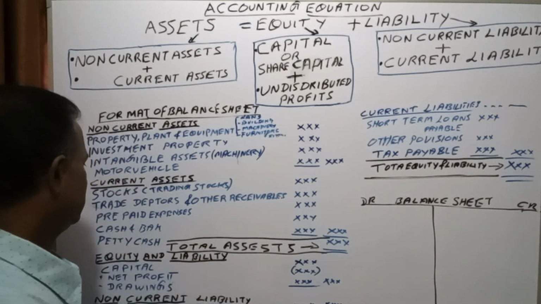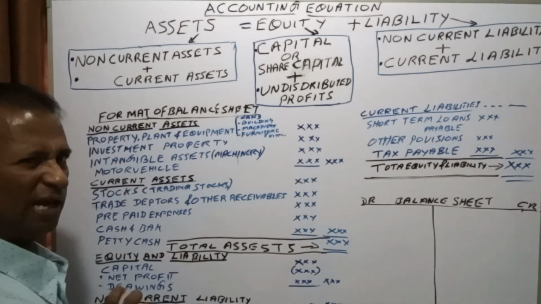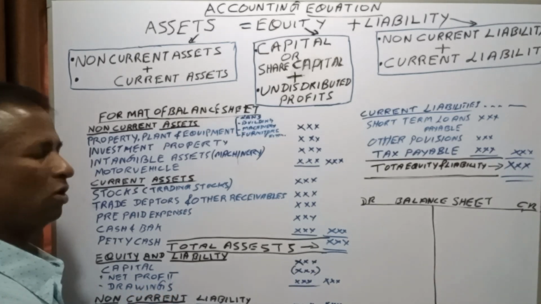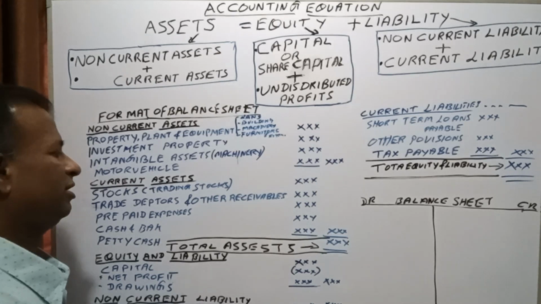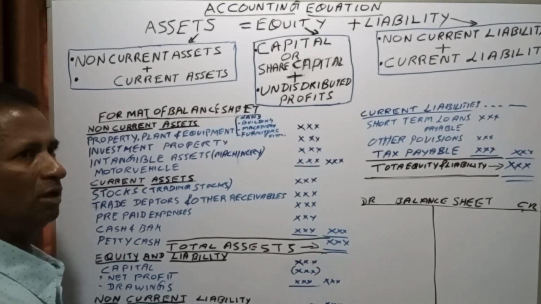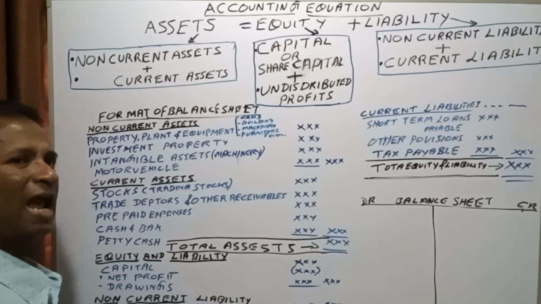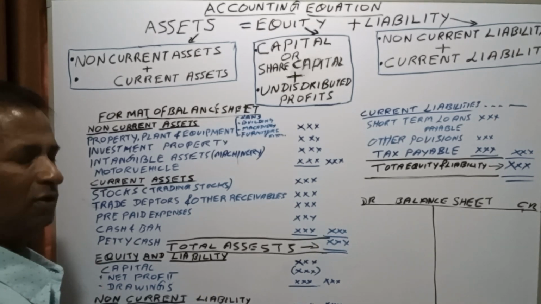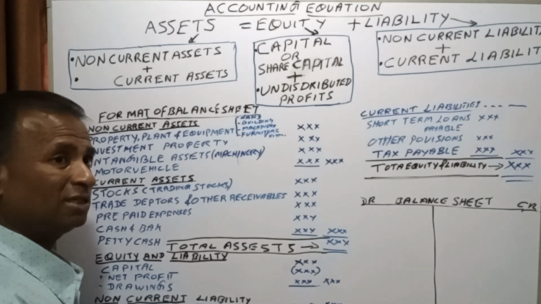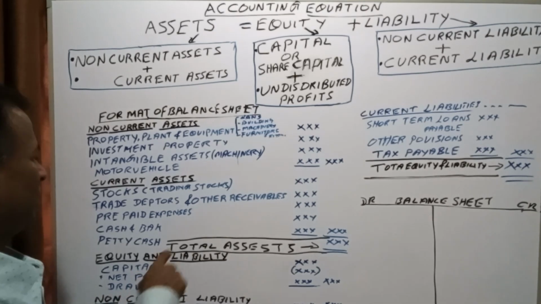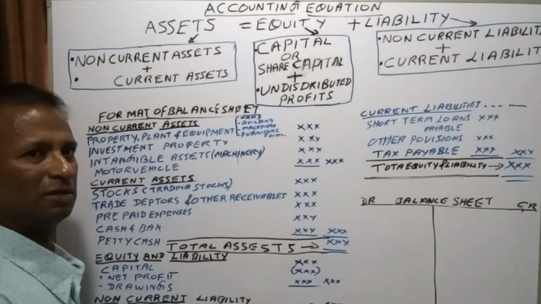Prepaid expenses. Later on, I will explain what prepaid expenses are. Now I will give a normal explanation. If we have paid any expenses in advance, that is called prepaid expenses.